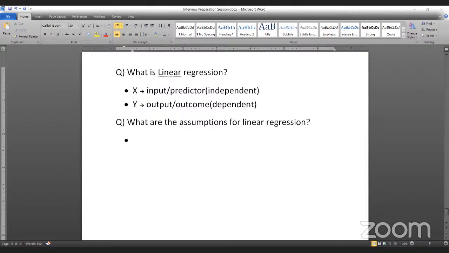And if we are having some errors and they have some correlation between them, these errors should be normally distributed with no correlation between them. But if there is a correlation, this problem is known as the autocorrelation problem.